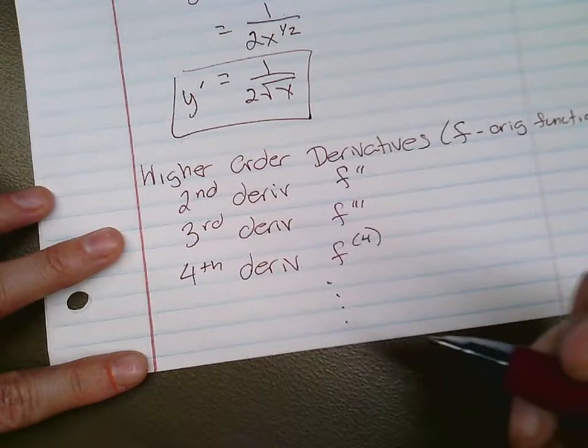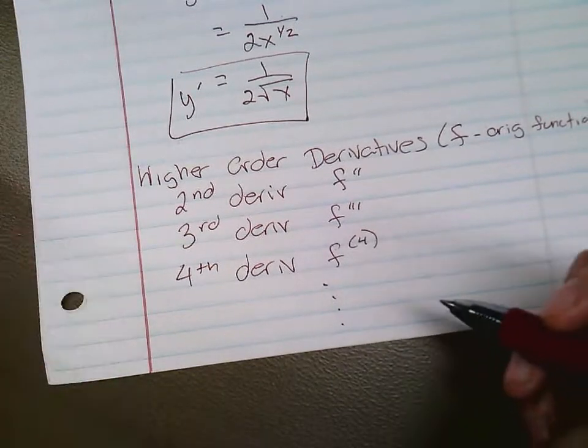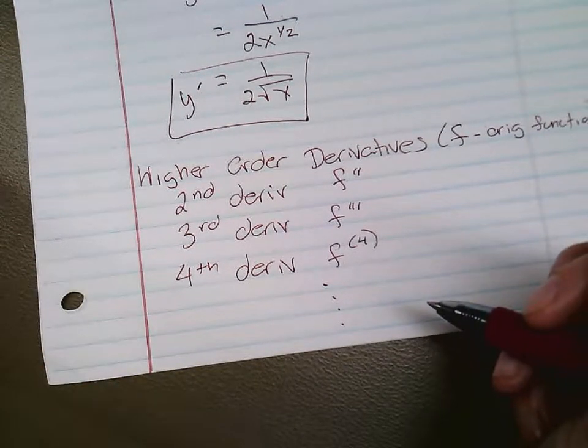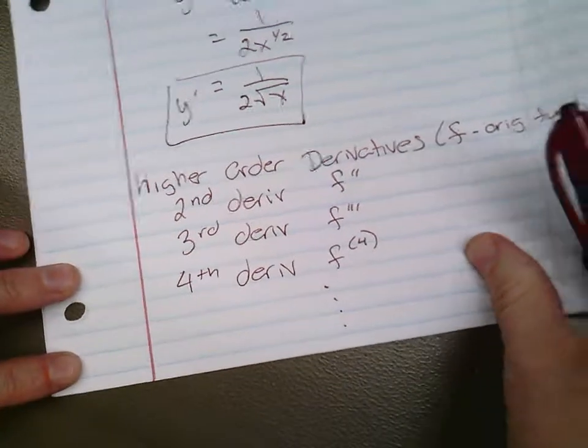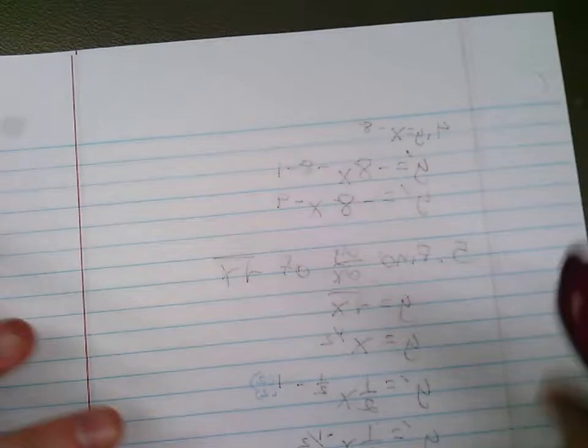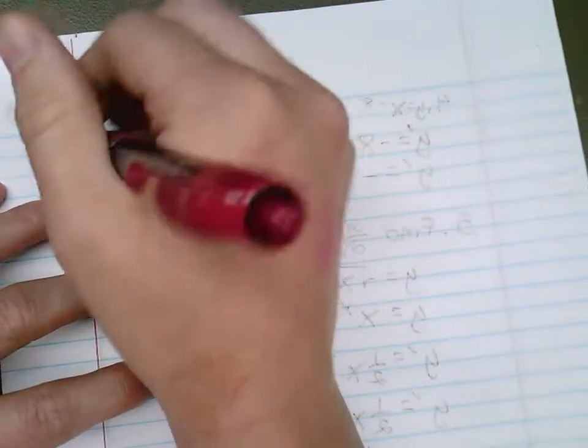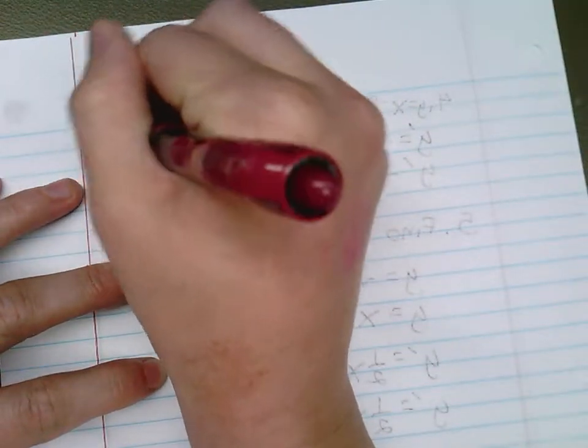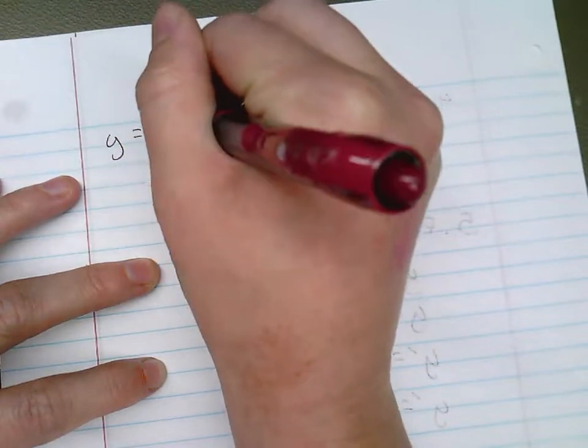Okay, so we are going to find the first 4 derivatives, if we can, of y equals x squared plus x plus 3.